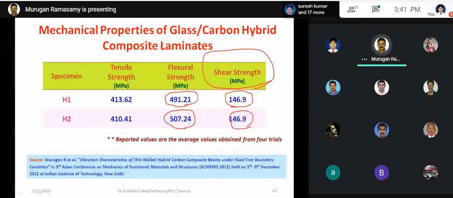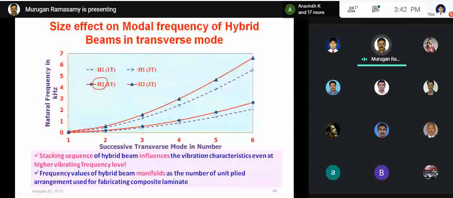So by this study we understood that by placing the glass fiber inside and the carbon fiber on the outer layer, we can achieve more dynamic stiffness. That is also one of our conclusions.